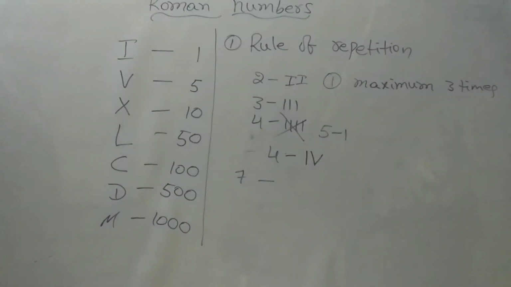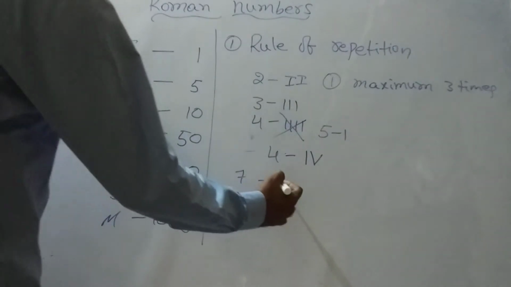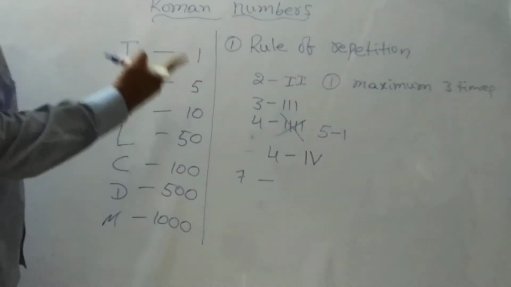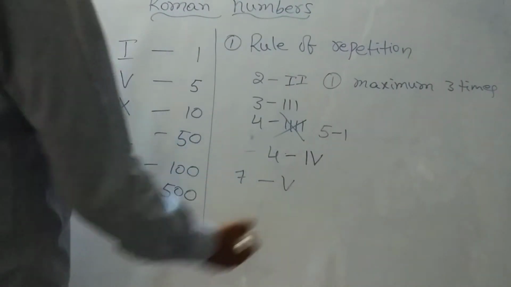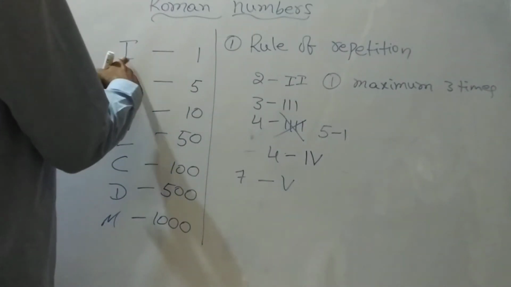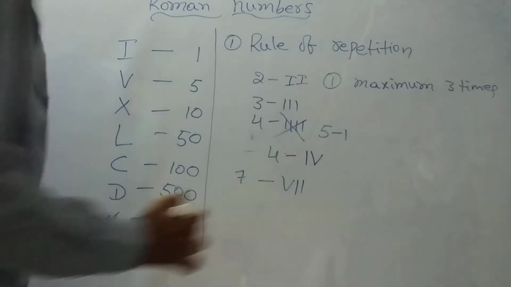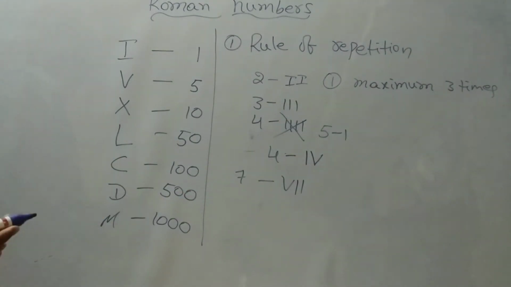How to write it in Roman numerals? 7 means 5 plus 2. 5 is V, 2 is I. If a smaller symbol exists on the right side of the larger symbol, it should be added.